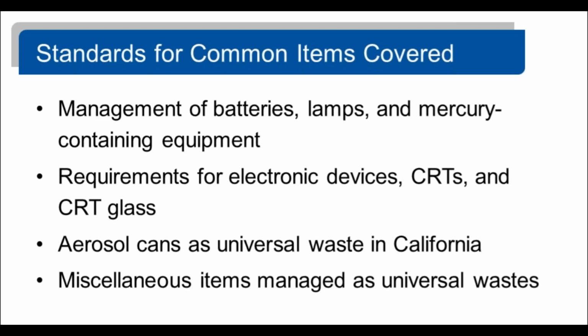Some businesses have multiple facilities in other states, and aerosol cans is a unique issue in California for being managed as universal waste. And then some additional miscellaneous items that are currently managed as universal waste, which in the future will be managed independently under their own regulations. Some examples of this are the photovoltaic modules for solar panels.